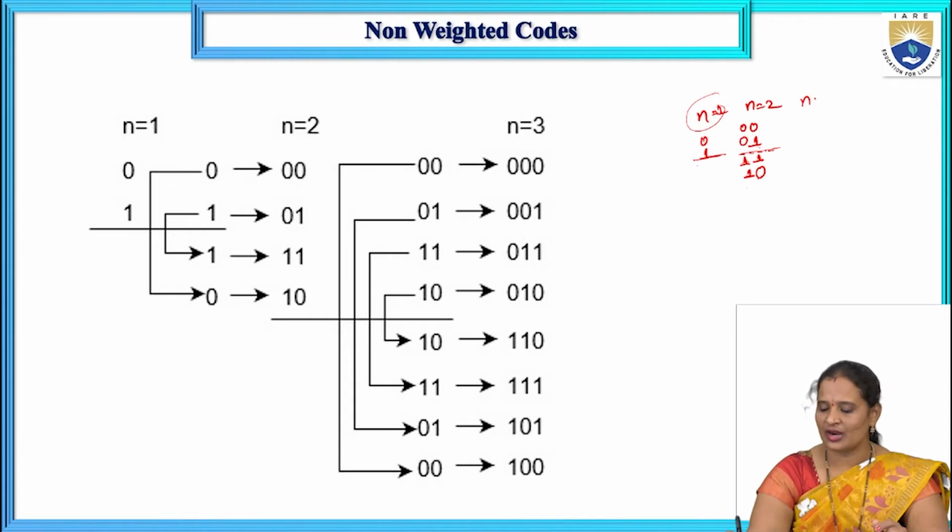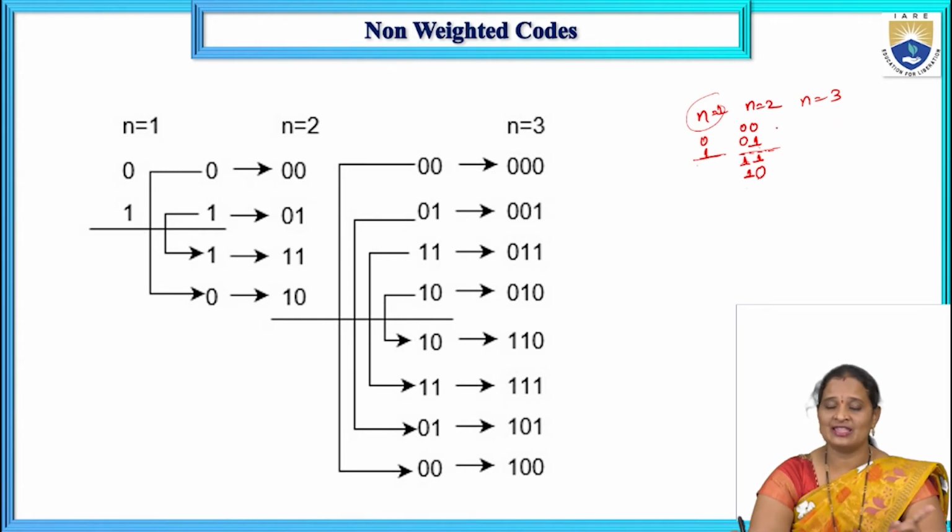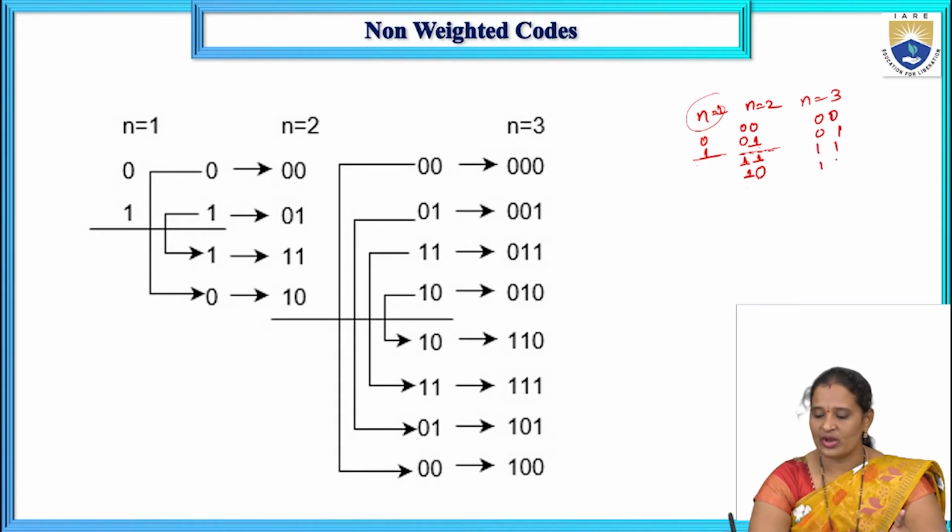Now let us try to write n equal to 3. For writing the gray code for n equal to 3, take the previous gray code. What is the previous gray code? The n equal to 2 gray code is the previous code. Just take the previous code 00, 01, 11, 10. And now take the mirror image of this.